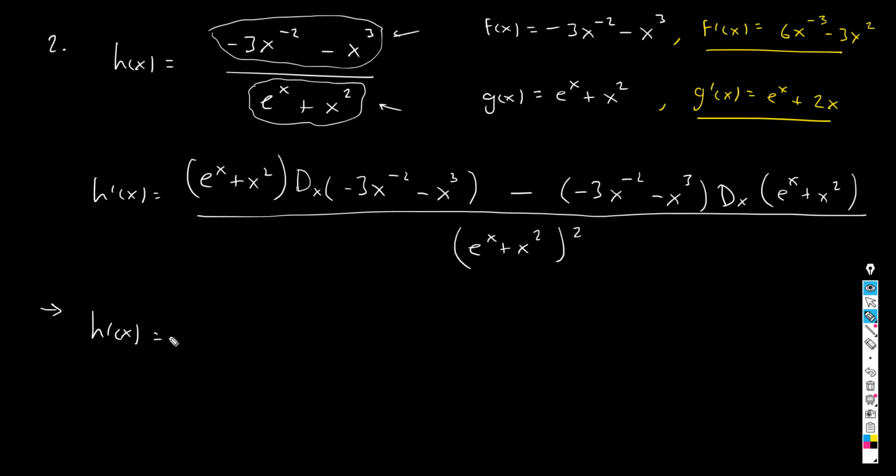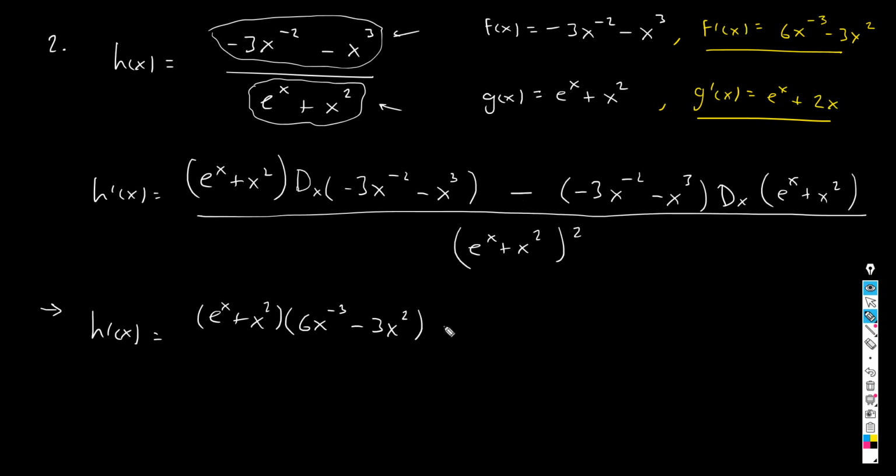H prime of x is going to be e to the x plus x squared times the derivative of all of this, which is this, 6x to the minus 3 minus 3x squared.